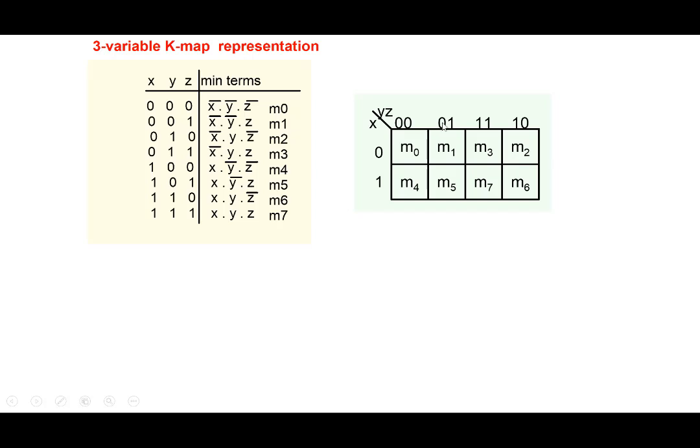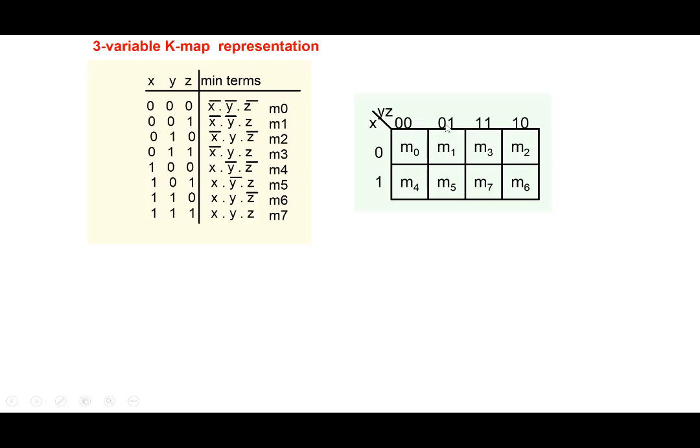The next value that we take, for example, yz can take 0, 0, 0, 1, 1, 0, 1, 1. So after 0, 0 we could have put 1, 1, we could have put 1, 0. But there's a definite order in which we have put them: 0, 0, 0, 1, and then 1, 1, and 1, 0. Note that the basic order is that as you go from one box to the next, there's only one bit change. 0, 0 to 0, 1, there's only one bit change.